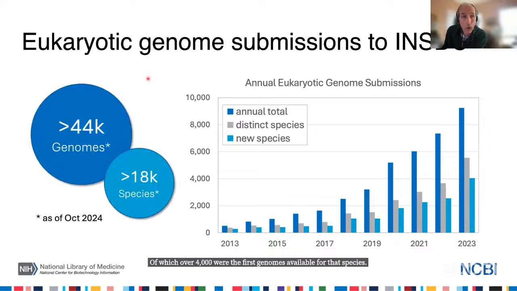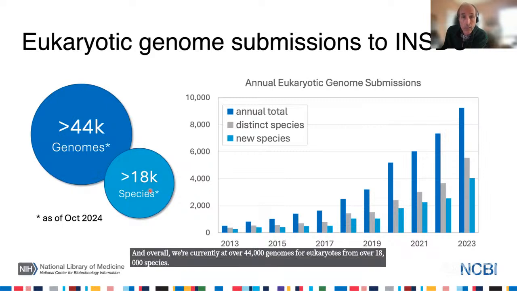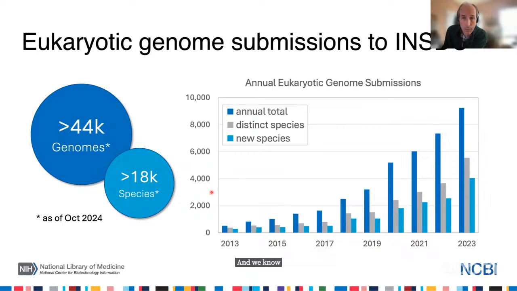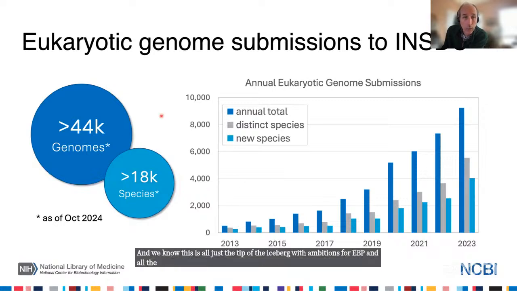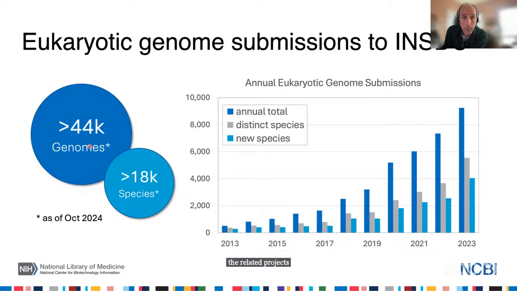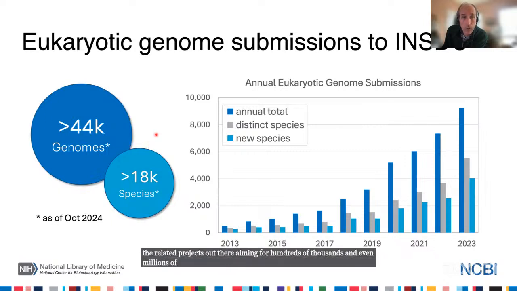Overall, we're currently at over 44,000 genomes for eukaryotes from over 18,000 species. And we know this is just the tip of the iceberg, with ambitions for EBP and all the related projects out there aiming for hundreds of thousands and even millions of genomes in the future.